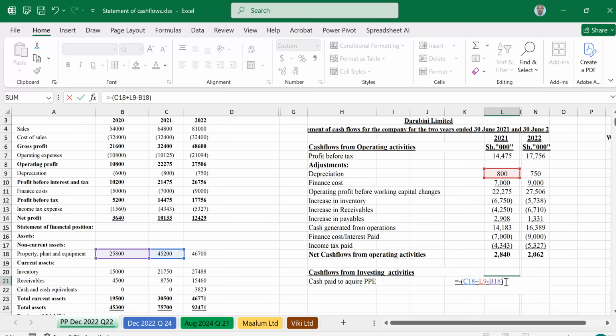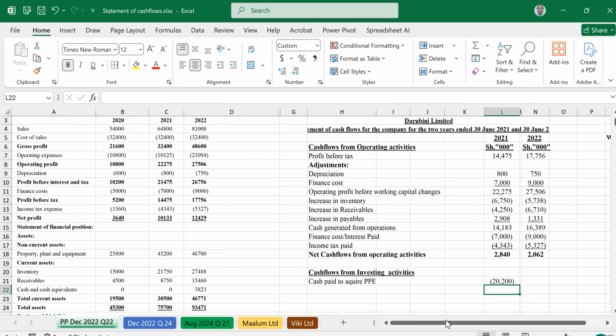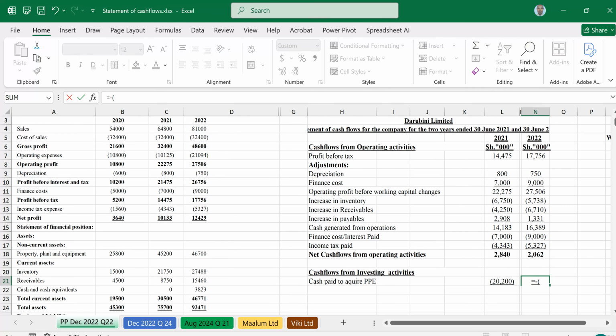So equal sign negative, then open bracket, click on 45,200 plus the 800 here, then less the 25,800. That gives 2,200. Same thing here, equal sign negative, open bracket, click on the closing balance of 46,700, plus depreciation charge for the year of 750, minus the opening balance of 45,200.